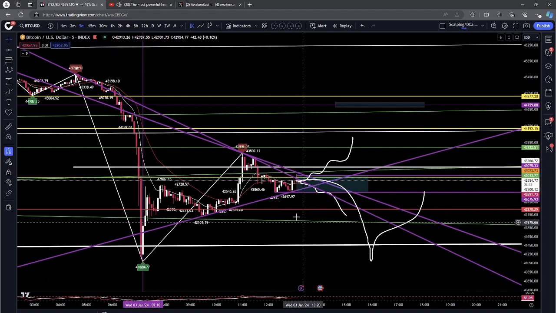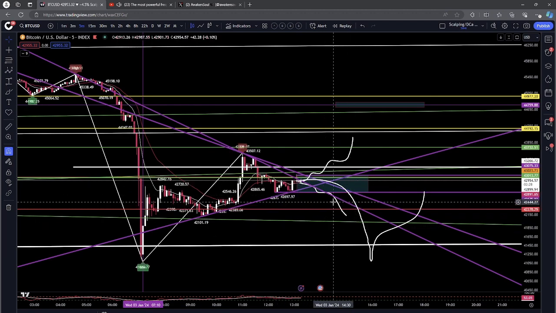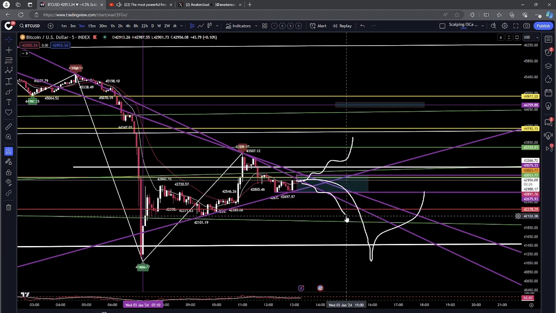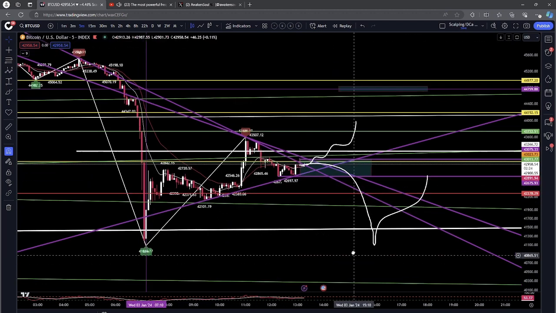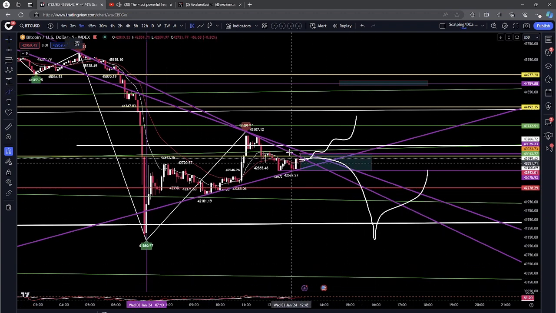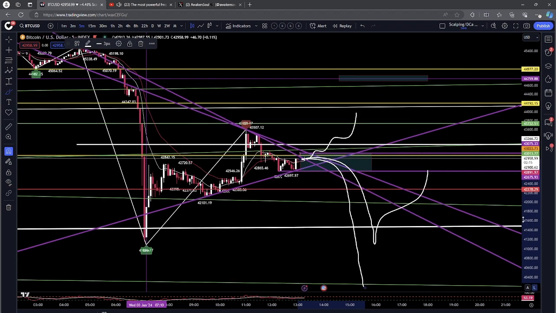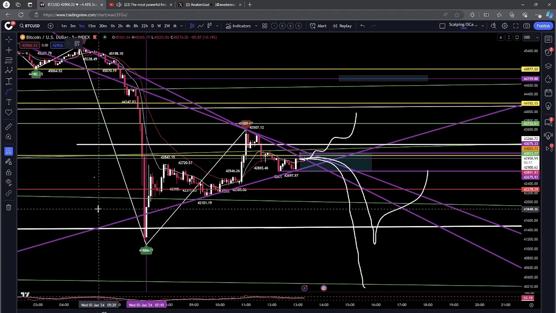So if this falls and rolls over like a possible H, make sure you have a nice stop loss. Why? Because H's could be really bullish. Okay, so this is key support, and just like it wicked, it could wick down. So this is definitely a possibility, an H here that I see.